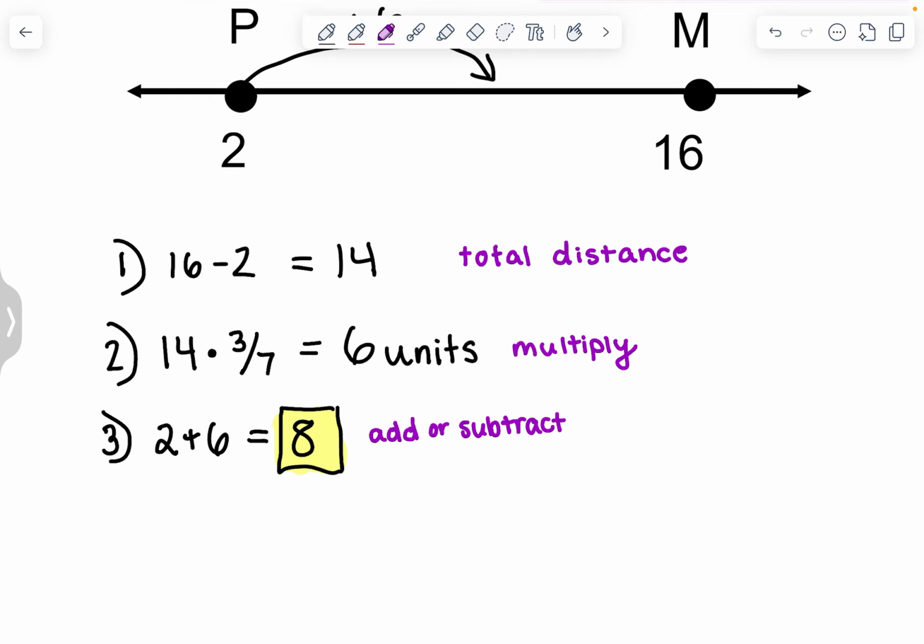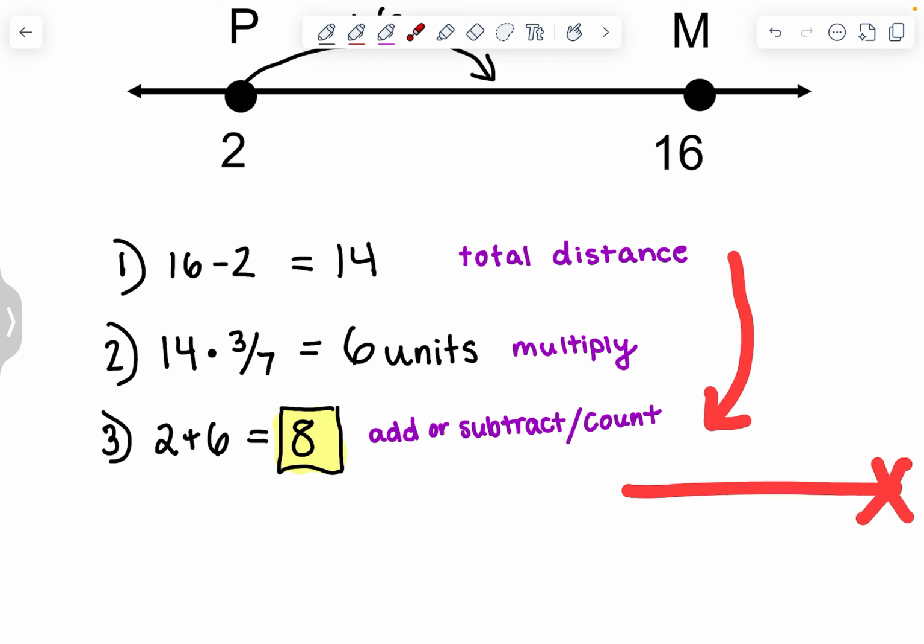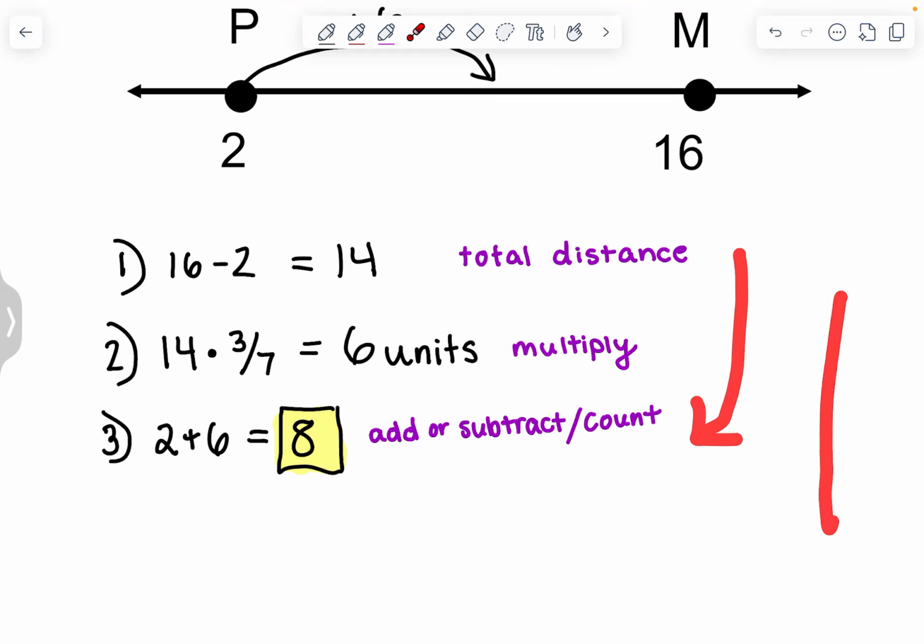Add or subtract / count. And that will tell you where the coordinate is. So how do we do that on a coordinate plane? Well, basically we do all these steps, but we do it 2 times. We do it once for the x-axis, and then we do it once for the y-axis. So let's try it out.